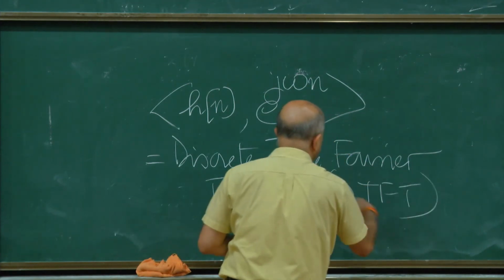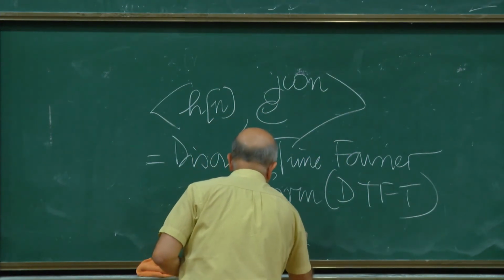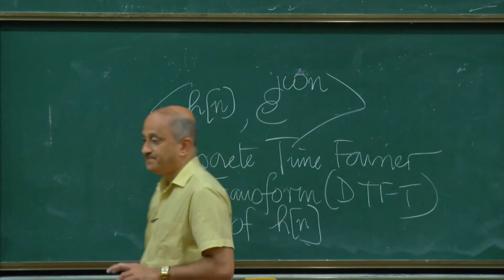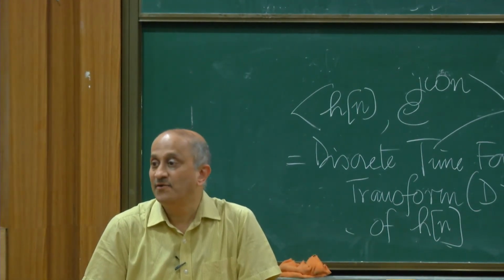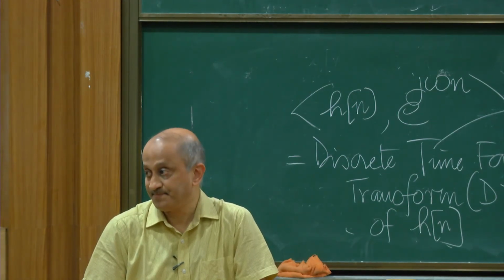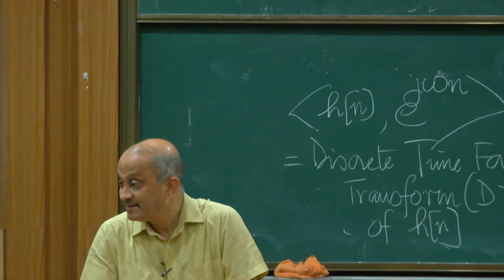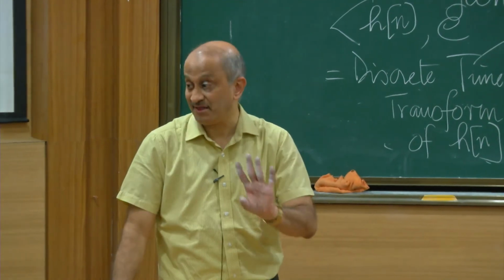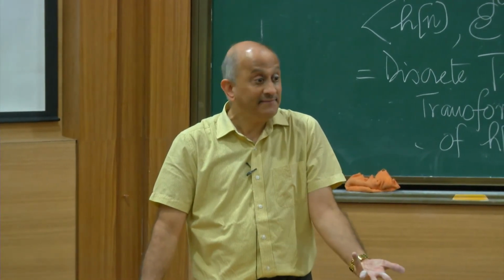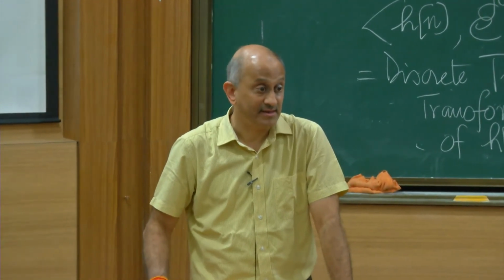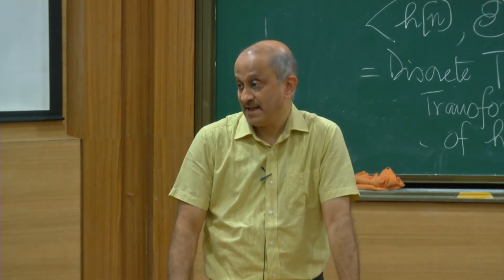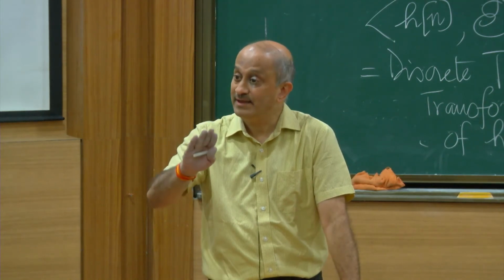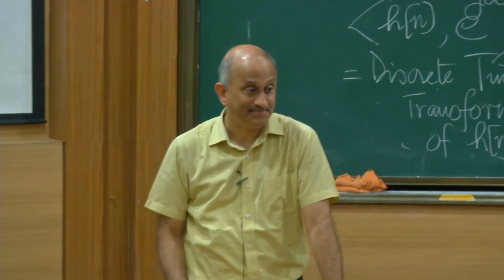It's also called the DTFT of h[n], the discrete time Fourier transform of the sequence h[n]. Yes, here h[n] was the impulse response. But now we don't have to confine ourselves to the impulse response. h[n] could have been any sequence really. And you could take an inner product of a sequence with this rotating complex number.